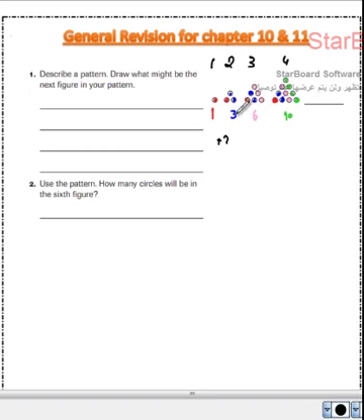After 3, it became 6, so increased by 3. From here to here, increased by 2. From here to here, increased by 3. From here to here, increase by what? Great, 4.